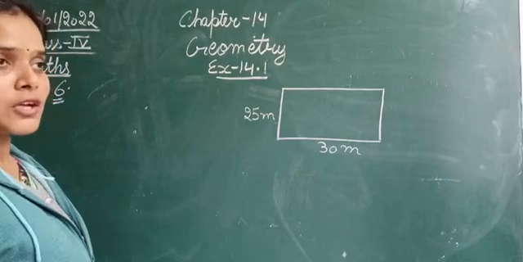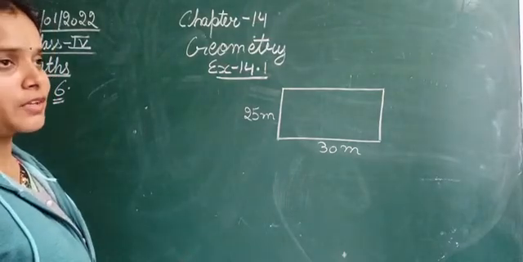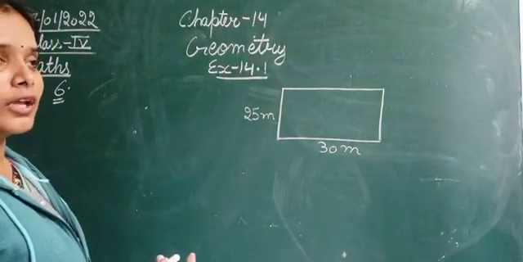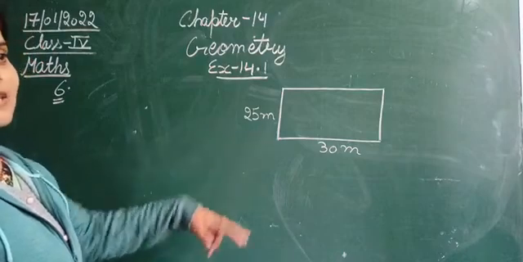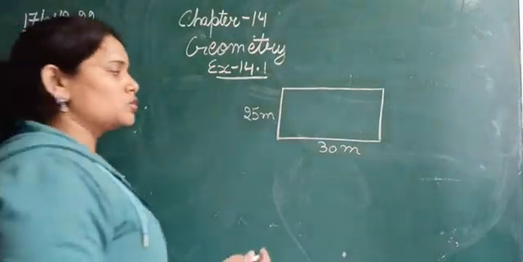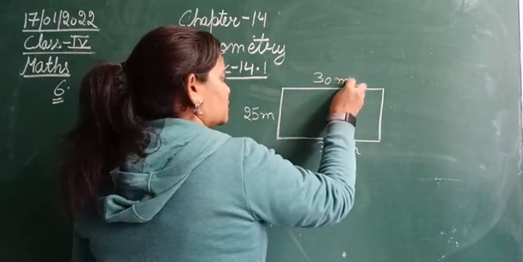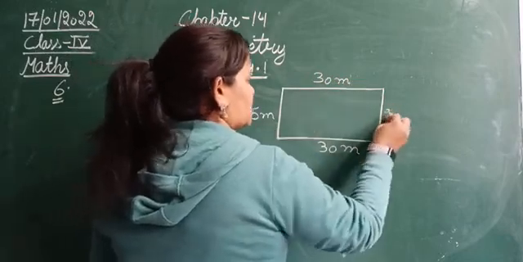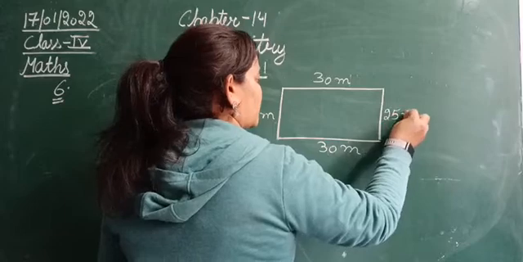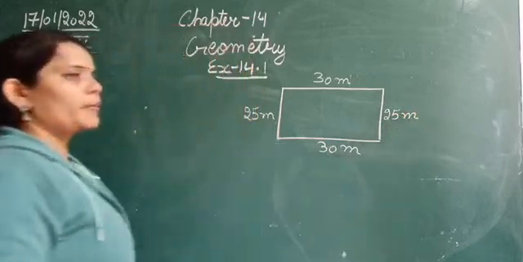Since it is a rectangle, the two opposite sides are equal. So if this is 30-meter, this will also be 30-meter. This is 25-meter, this is also 25-meter.